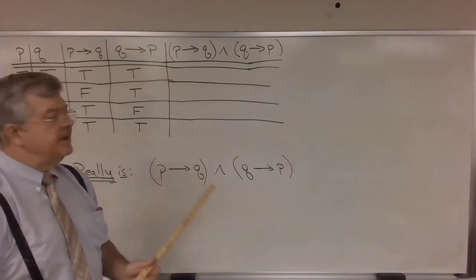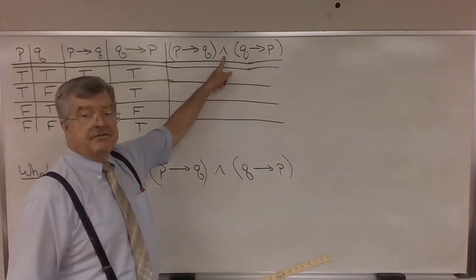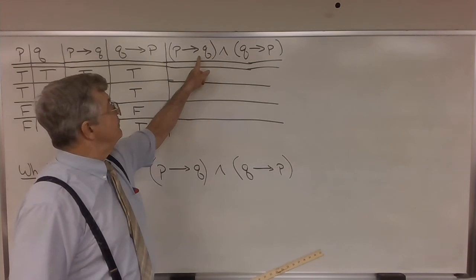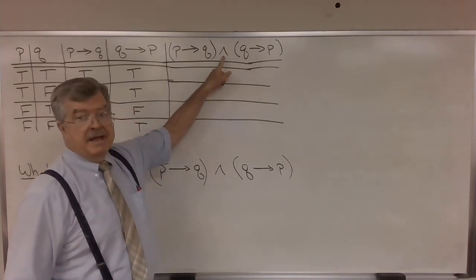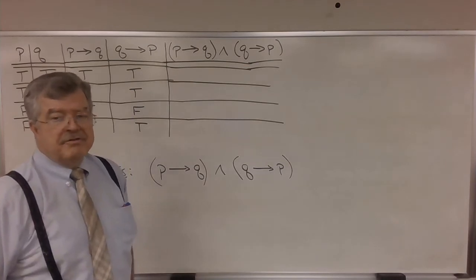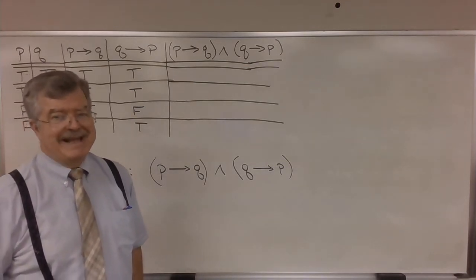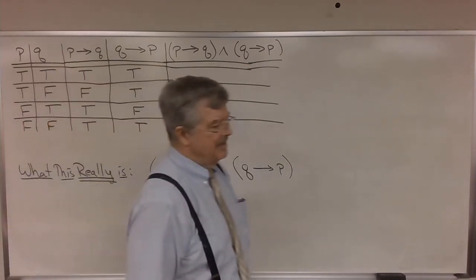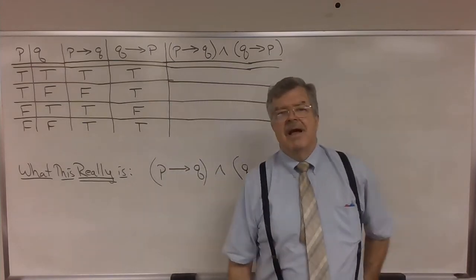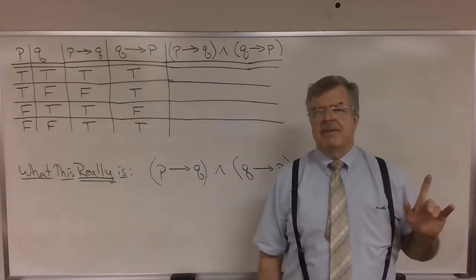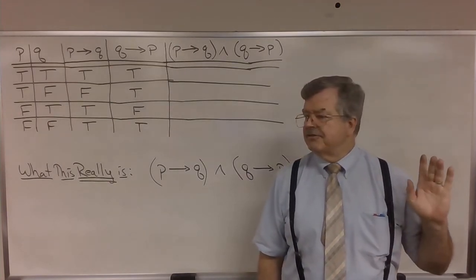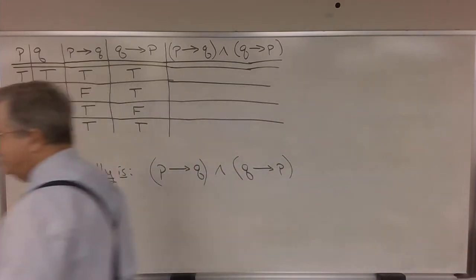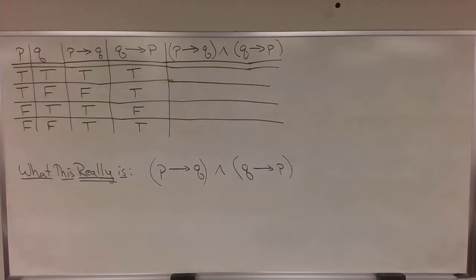Now, in the most general sense, this is an and statement. I have this joined with that statement with an and. What's the special case for an and statement? Think about it. If you don't remember, go back and look in your notes. What's the special situation or condition for an and statement?